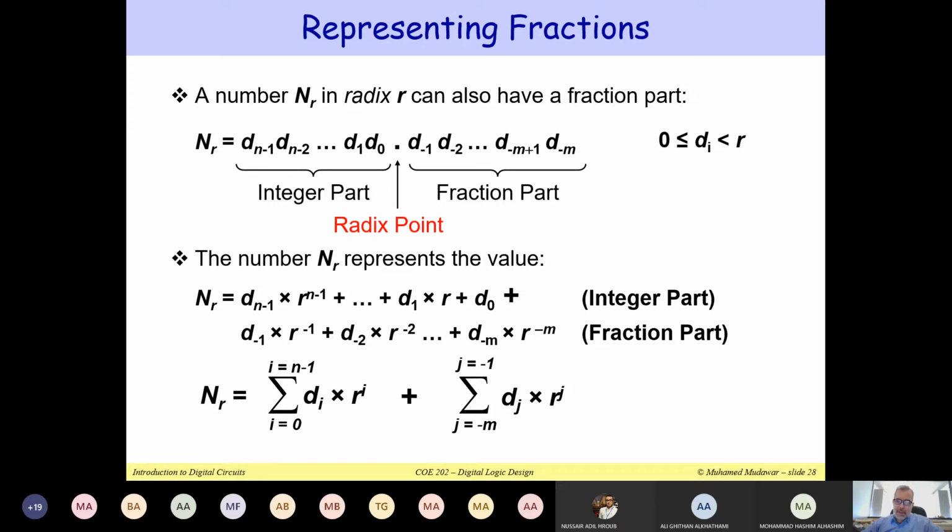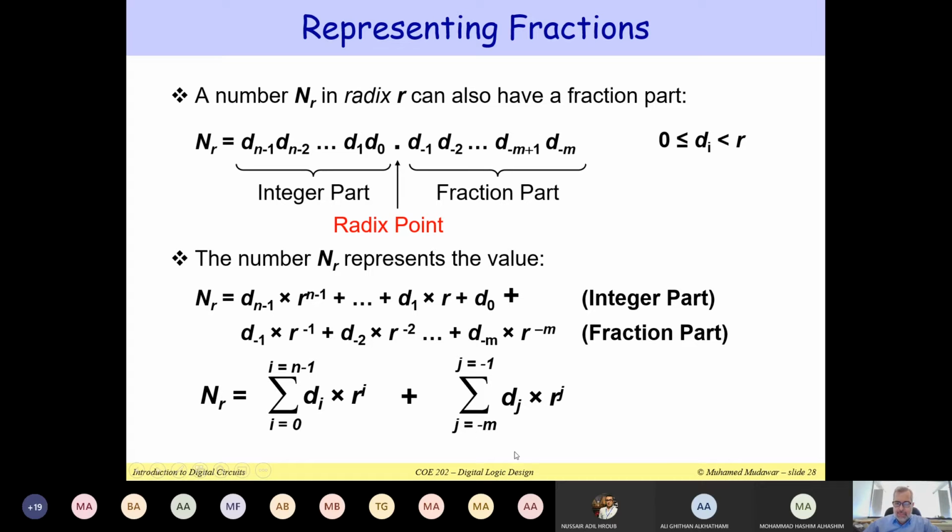We can write it in sigma notation as a summation. This is the integer part. Here i is the index, or the position of the digit. So i goes from 0 to n minus 1. These di are the digits that exist in the integer part, and we multiply them by r to the power i.